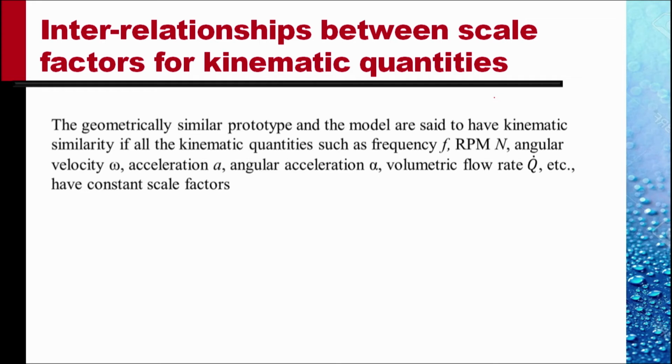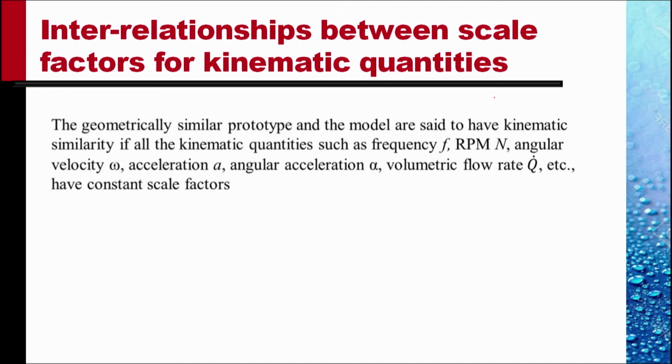Geometrically similar prototype and models are said to have kinematic similarity if all the kinematic quantities such as frequency f, rpm n, angular velocity omega, acceleration a, angular acceleration alpha, volumetric flow rate q dot, etc. have constant scale factors.